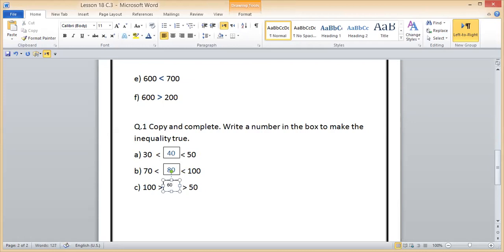If I write 55, it is greater than 50 and less than 100. If I write 60, it is greater than 50 and less than 100. So I can write any number, so I'm going to write 75 here. 75 is less than 100 and greater than 50.